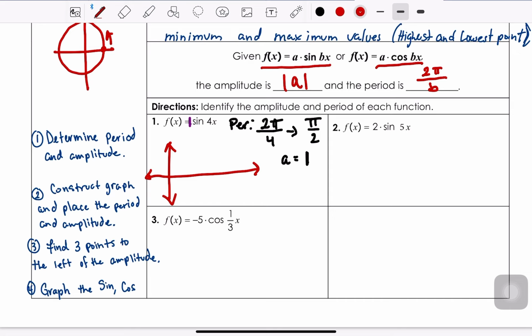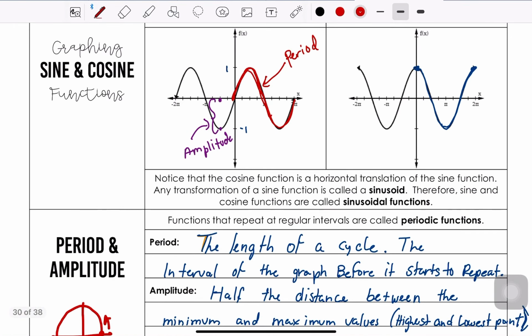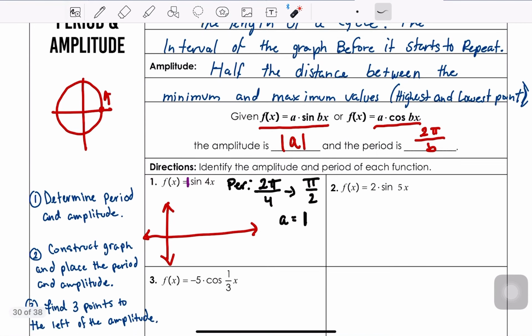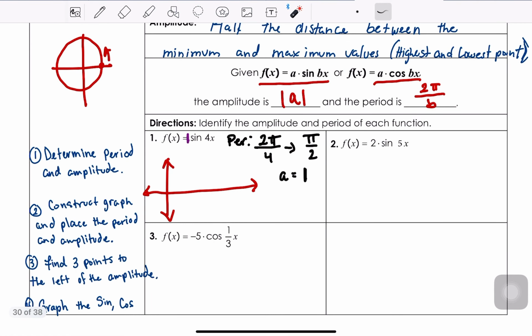If you're asked to do 2 periods, you could do 1 period to the right and 1 period to the left. That's always going to be easy because you just reflect it over the y-axis, except obviously if you have the sine function, it wouldn't necessarily be a reflection, but you get the point. You could continue the period to the left, and it's very easy to predict. Cosine, on the other hand, is a true reflection. So just keep in mind how I'm using the word reflection.